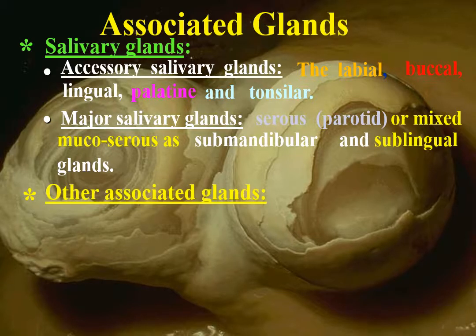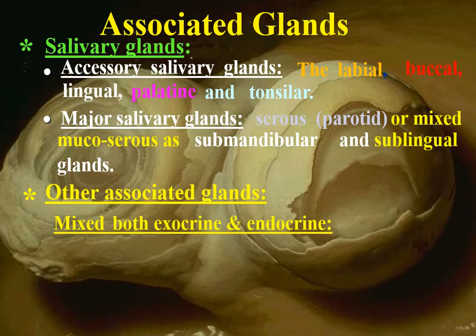Other associated glands important in the digestive system are mixed in function, both exocrine and endocrine, as the pancreas and the liver.